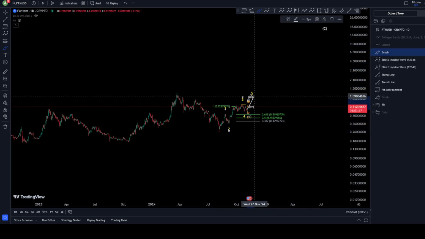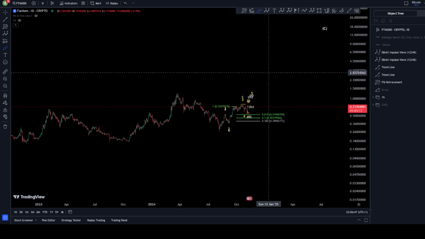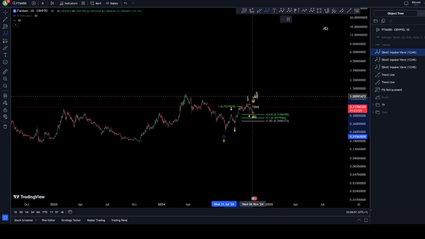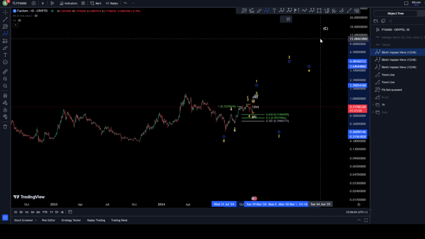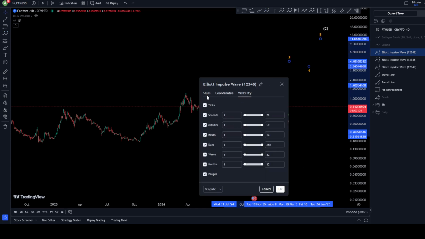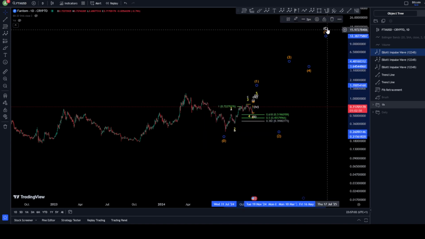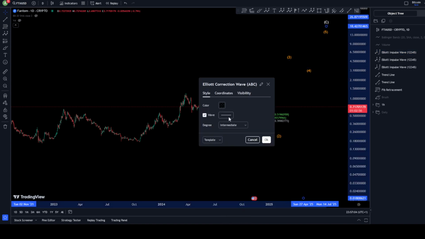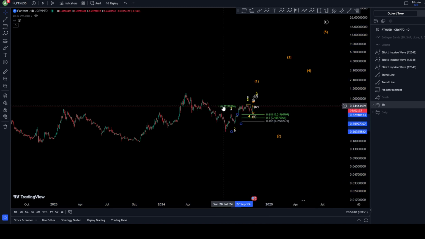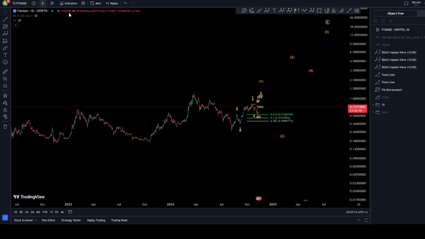So after finishing this wave 5, of course we need a wave 2, then 3, 4, and a 5. So I'm going to label this as well. So 1, 2, 3, 4, 5. Let's put this in orange, and this should be an intermediate. Here we go. And this belongs to the primary. Anyway, these are the predictions for Phantom.